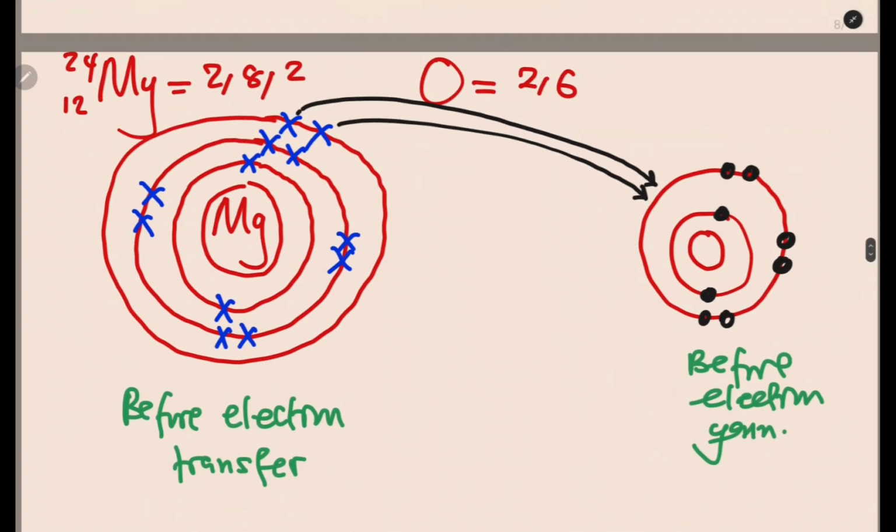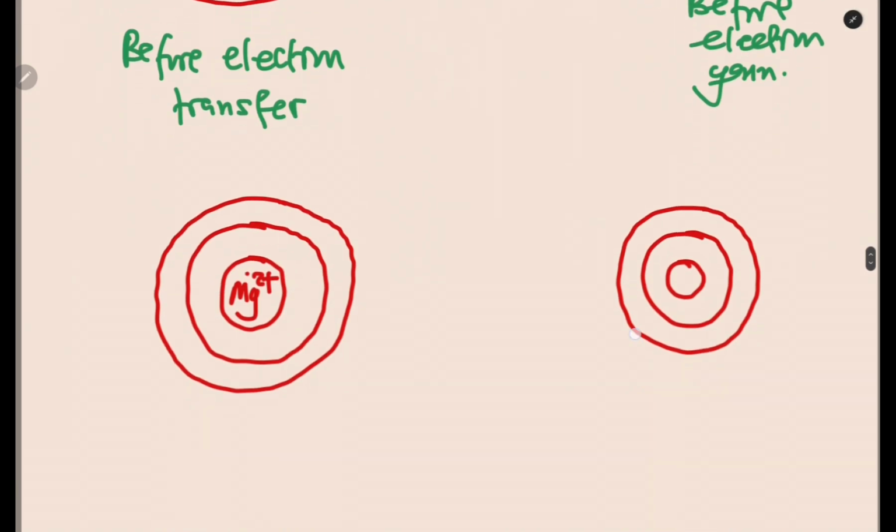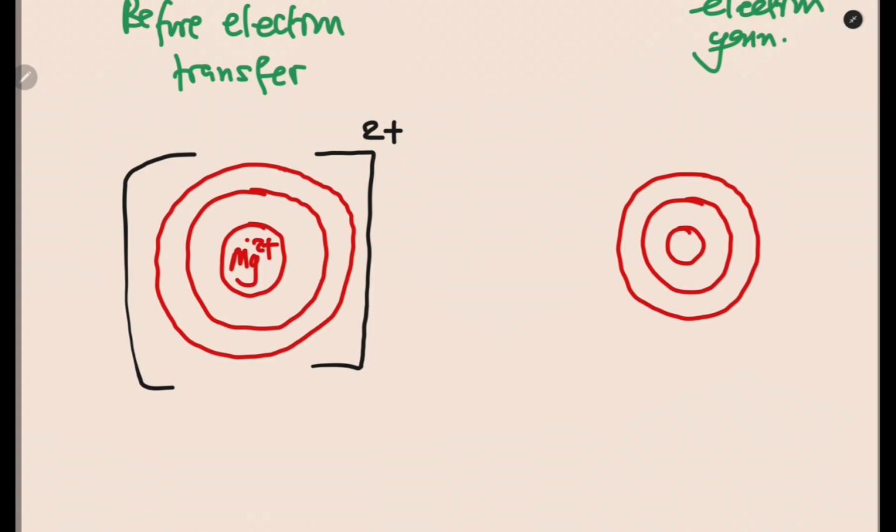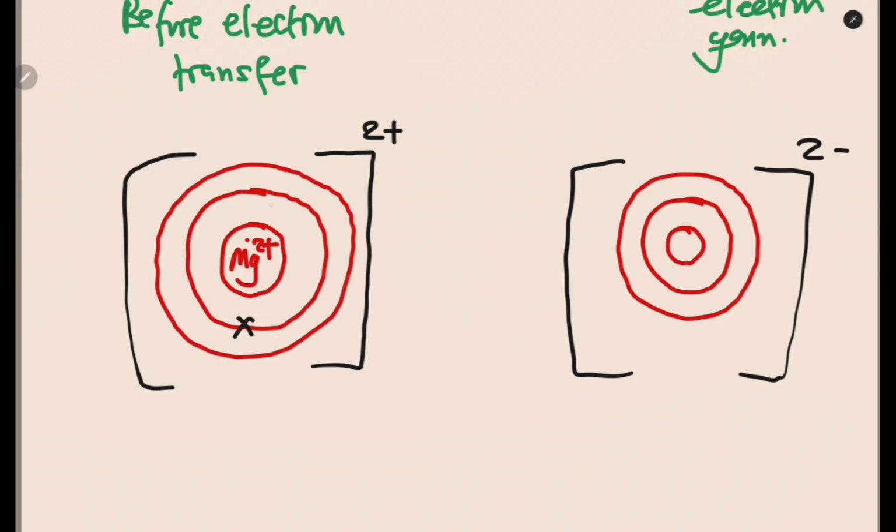Look at this. These are being transferred here. So they've been gained. Now how is it going to become? So this one, you put them in brackets like this. This one loses 2 electrons, so it becomes +2. This one is going to gain the 2, so it becomes negative. So inside I can just put the electrons. I'll use crosses for this one.